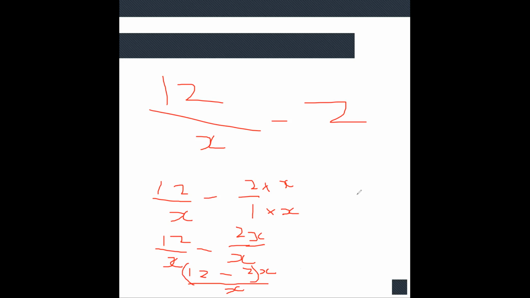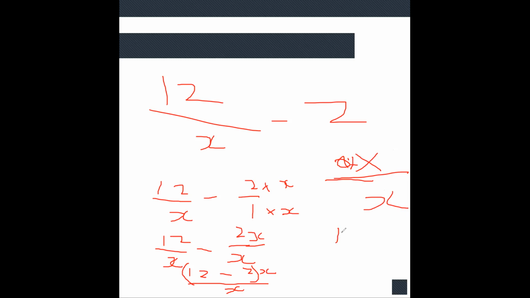You can only cancel the denominator and the numerator if it is being multiplied by everything else. If you have like ax, yes, you can cancel. If you have a plus x, no, you cannot cancel.